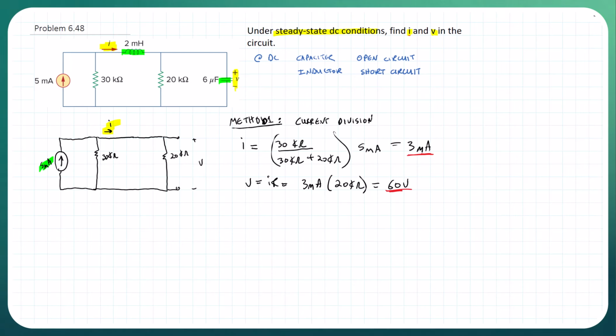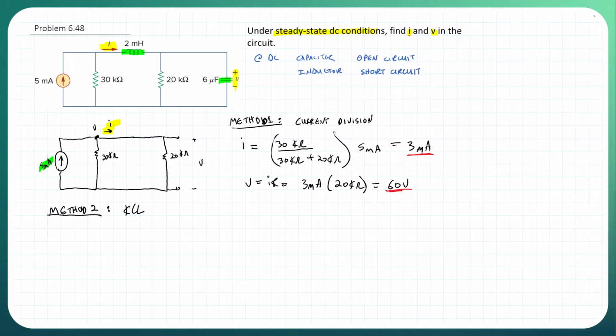And so let's just write this down here. So I'm going to say method 2 is we're going to do KCL, and we can say, let's just say this is our node V, okay?